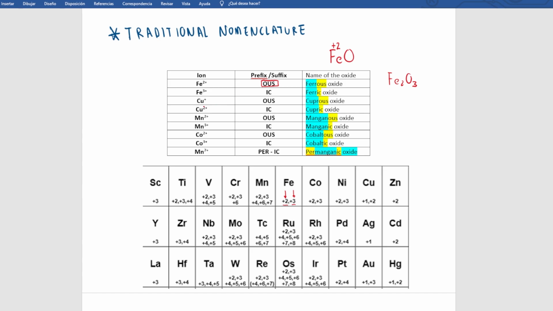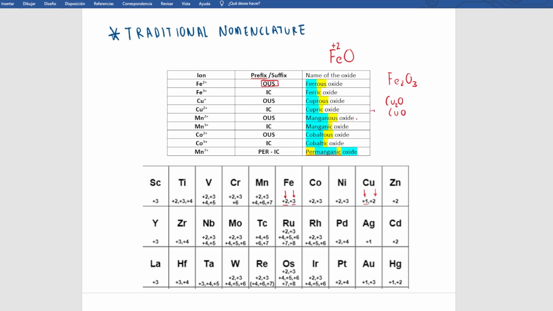In the case of copper, copper has 2 different oxidation states, +1 and +2. The lowest is +1, so we use "-ous". The stem of copper in Latin is "cupr", so we put cuprous oxide. And for the higher oxidation state, copper 2+, we have cupric oxide.